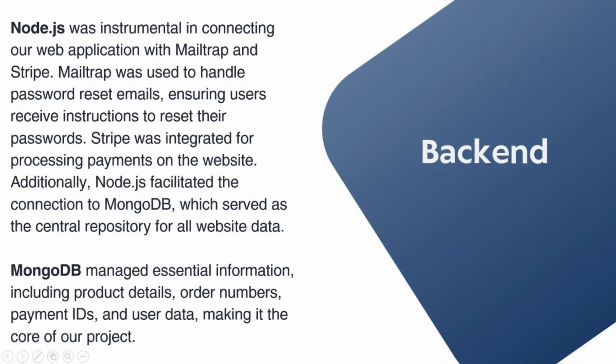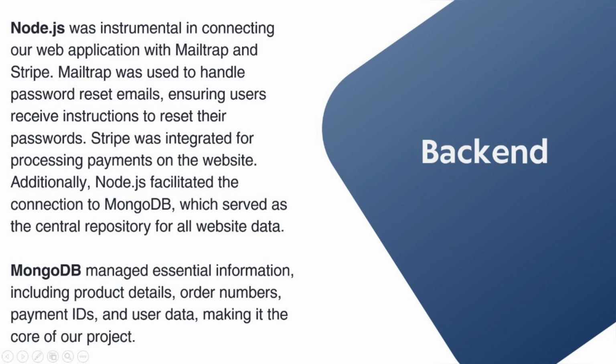Backend. Node.js was instrumental in connecting our web application with Mailtrap and Stripe. Mailtrap was used to handle password reset emails, ensuring users receive instructions to reset their password. Stripe was integrated for processing payments on the website.